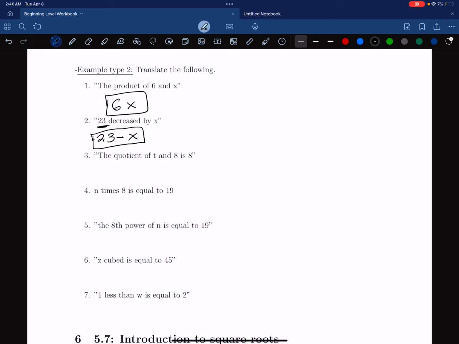And that is that translation. Then we have n times 8 is equal to 19. So if we multiply 8 and n, we just have n times 8. And then is, or we have is equal to, so we already have the verbal thing of equal. And then 19.